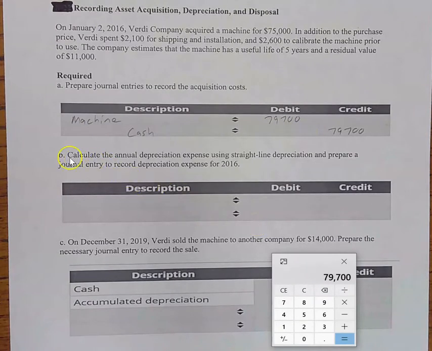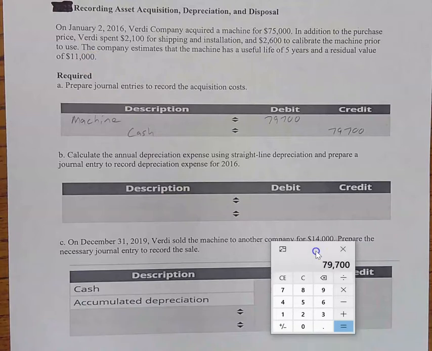It says here for B, calculate annual depreciation expense using the straight line depreciation method and prepare a journal entry to record depreciation expense for 2016. Okay. Well, because we're going to be using straight line depreciation, this $11,000 right here actually matters.